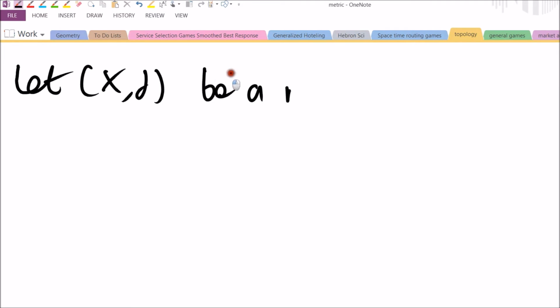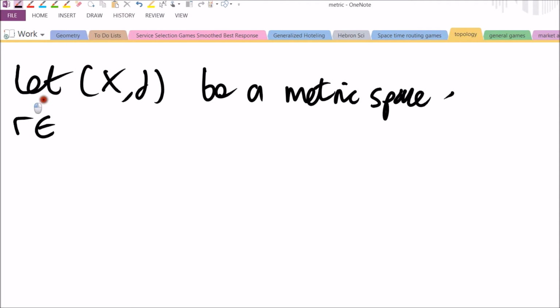So let (X, d) be a metric space, d being a metric on the space X, and now let's suppose that we've got some real number r, and let's suppose we've got some point a inside our space, and now we're going to define something.